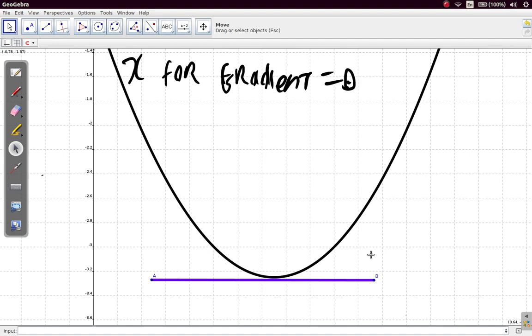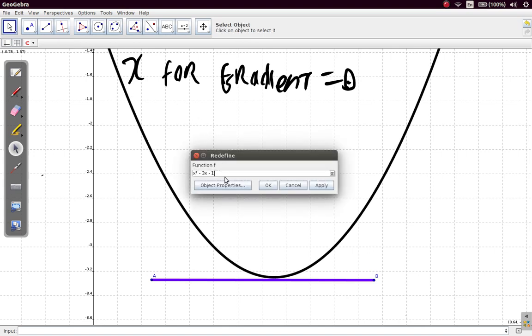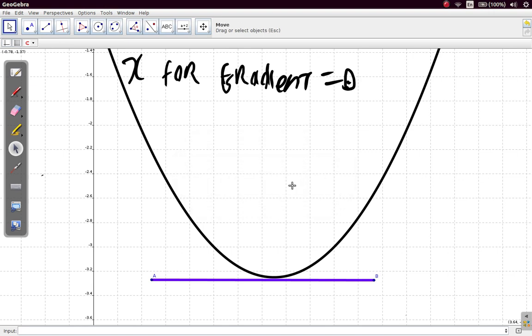But let me suppose that you are given this function. Let me be reminded of it. x squared minus 3x minus 1. So the function is, say, y equals x squared minus 3x minus 1. How do you get an accurate value of x when the gradient is equal to 0?